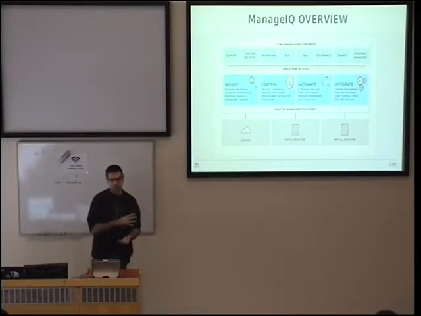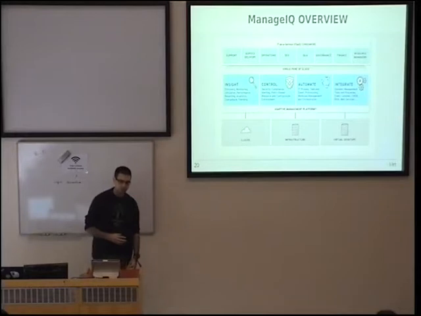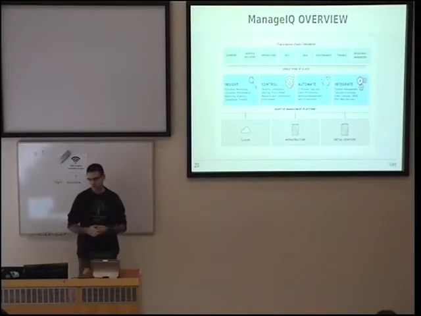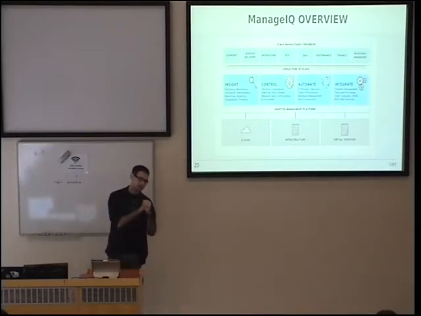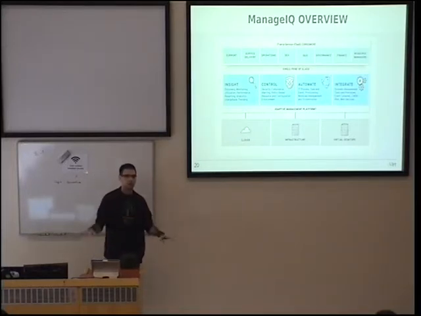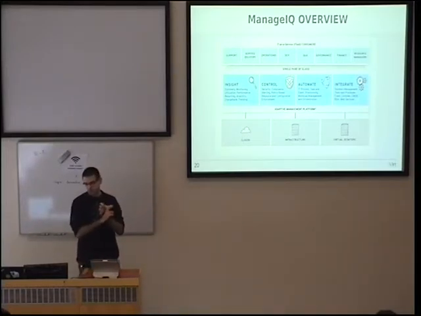I'm not going to go over all of them. You can feel free to check them out later. I will mention only two, which are important from the perspective of this talk. One is the UI, so you have one unified user experience over completely different third-party services. And second is Automate.